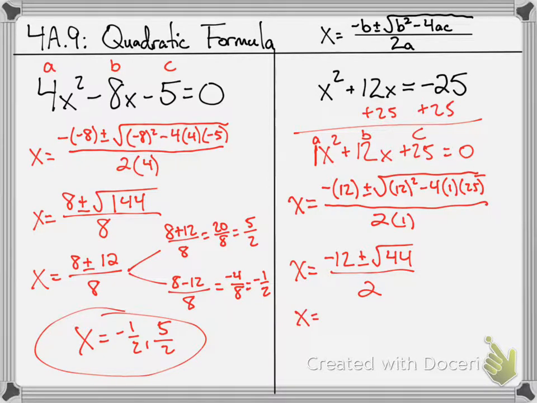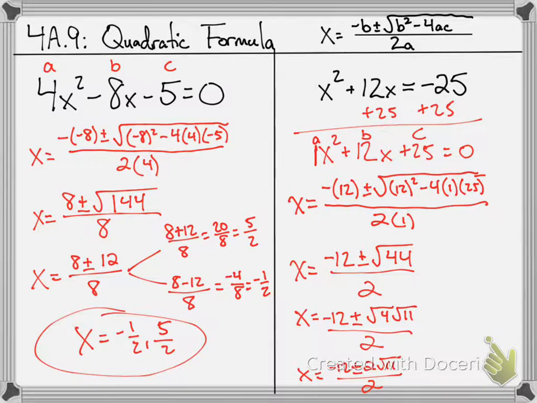I can actually take square root of 44 and break it apart, so we have a perfect square of 4 and 11, which means I'd have negative 12 plus or minus 2 square root 11 over 2. Now that in itself is a pretty good answer, because again, we took the 44, we broke it down, we could pull a perfect square out of it, so we could have simplified that radical, and in some of these problems you'll do that.